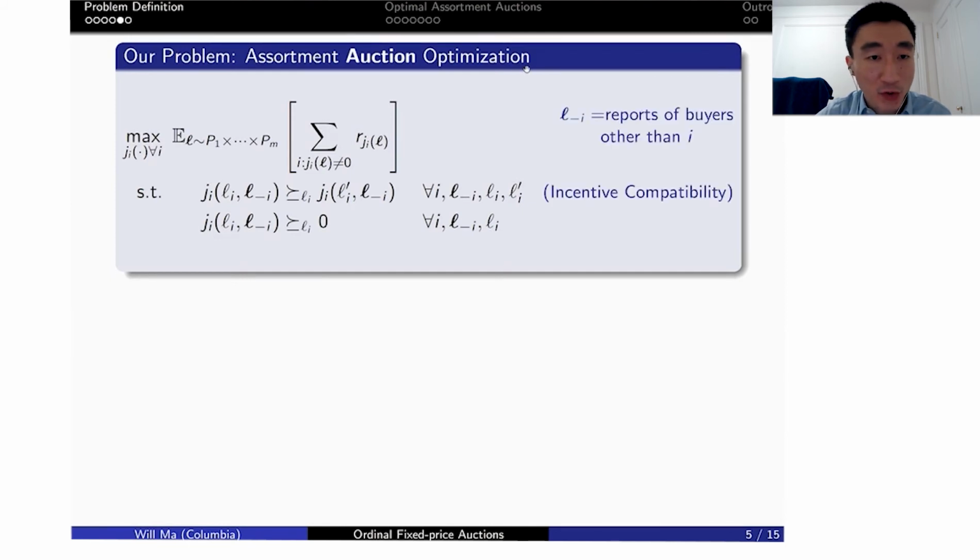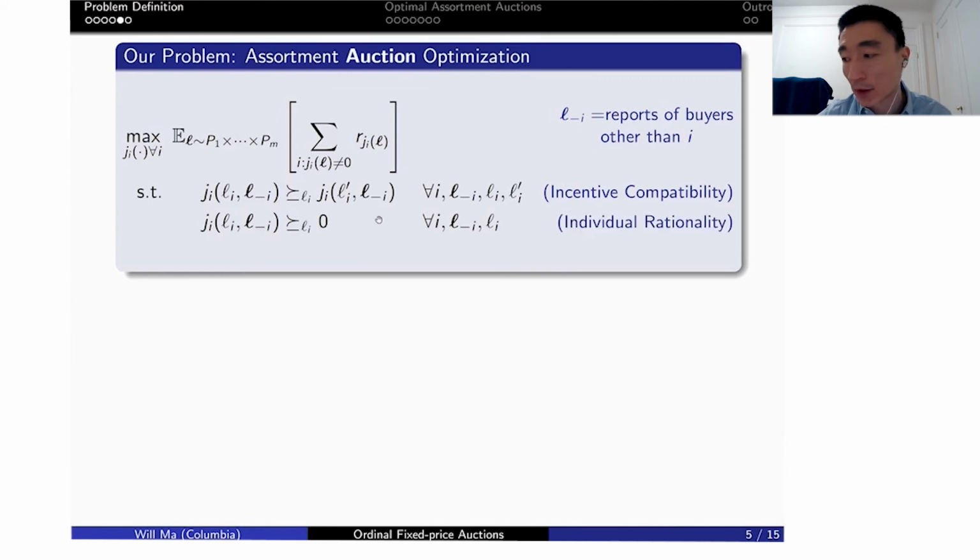Now, just to clarify what the incentive compatibility and individual rationality constraints are. I'm going to let L minus i denote the reports of the buyers other than i, which is standard notation. Incentive compatibility says that if my true preference is Li, then whatever item I get by truthfully reporting Li, I prefer over whatever item I would have gotten by telling some lie L prime of i.